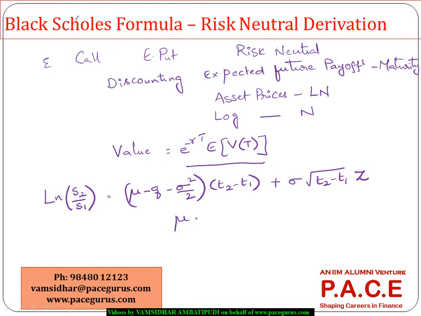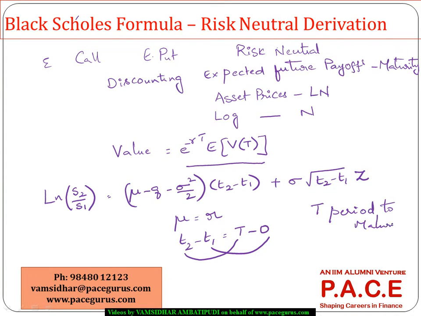Now, the same application is what I am going to use even now, under the assumption that mu I am taking as r, and T2 minus T1 I'll take as T minus 0, which means T2 I take as T, T1 I take as 0, which means T is the period to maturity.